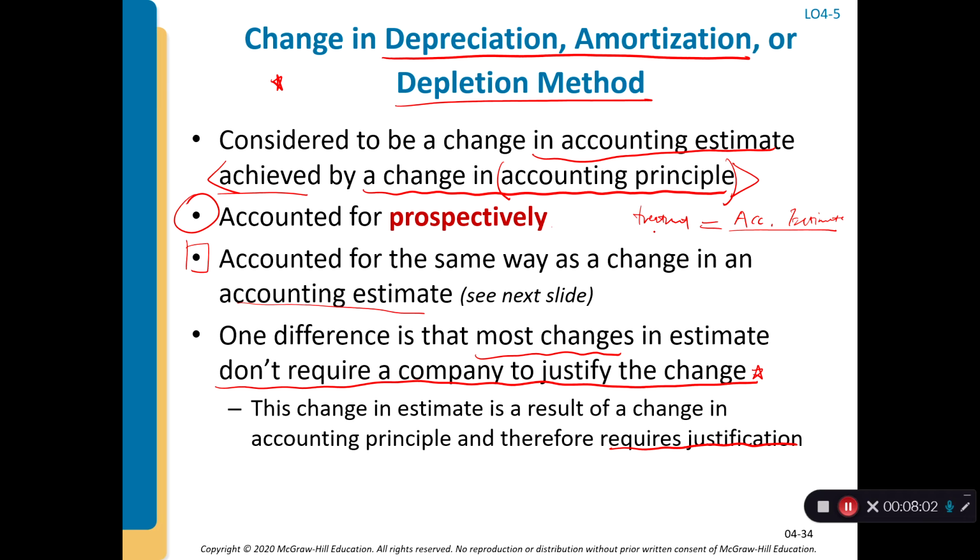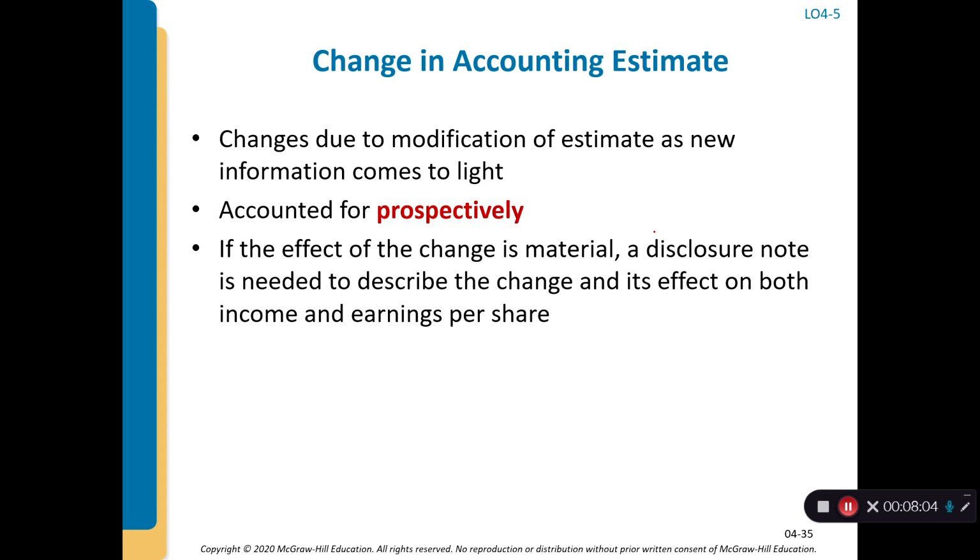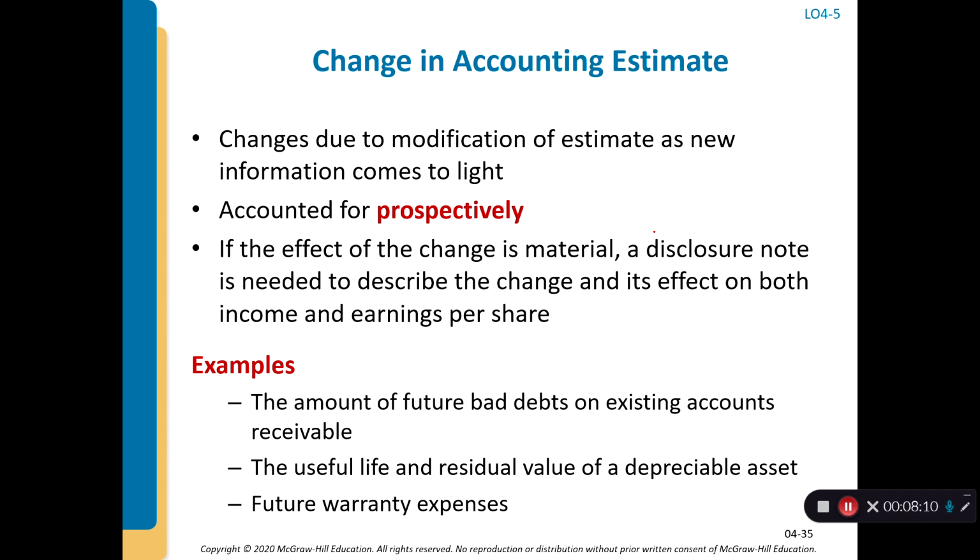Okay. So now let's look at the changes in accounting estimates. Changes in accounting estimates are due to modification of estimates as new information comes to light, right? As we know, estimates are a necessary aspect of accounting.